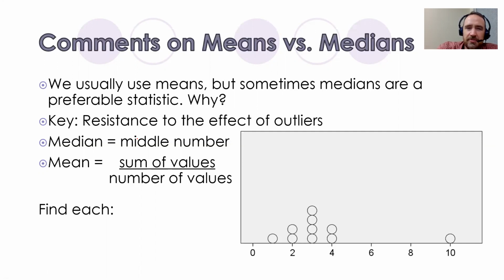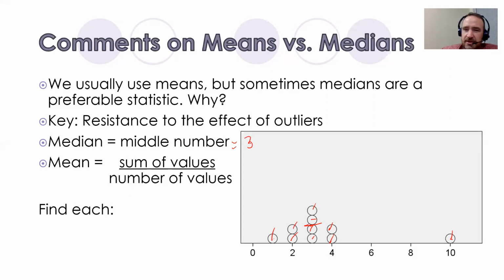So we calculate the median by finding the middle number. If I have a bunch of numbers here, each circle represents a number: 1, 2, 2, 3, 3, 3, 4, 4, and 10. The median just counts to the middle. I count off 1 on the ends, and then another one, and then another one, and I'd make my way to the middle here, and my middle number would be 3.